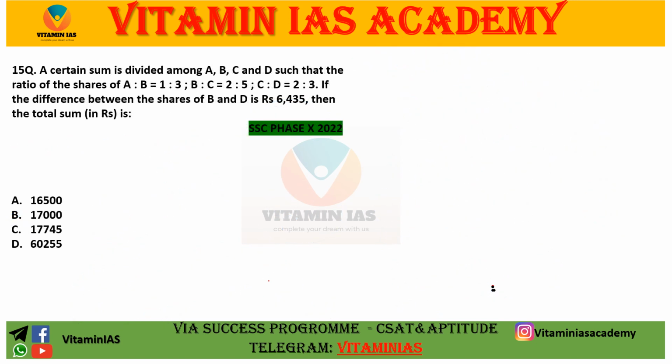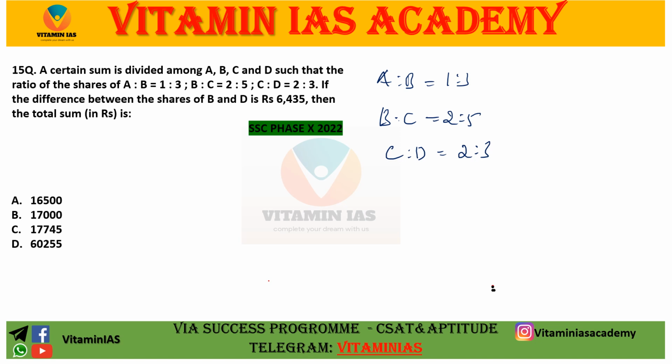Here is our next question. A certain sum is divided among A, B, C and D such that the ratio of the shares A is to B is 1 is to 3, B is to C is 2 is to 5, and C is to D is 2 is to 3.